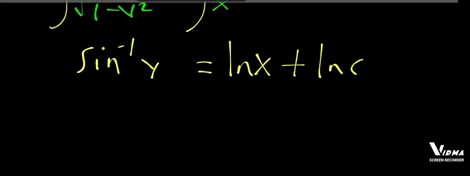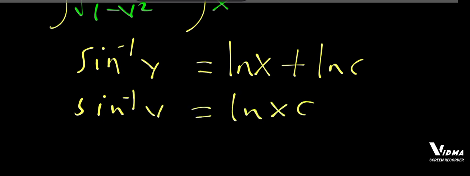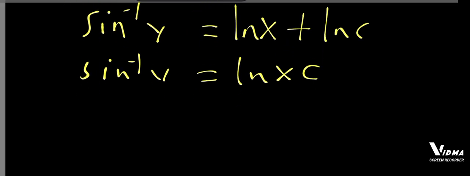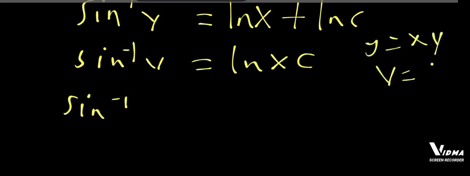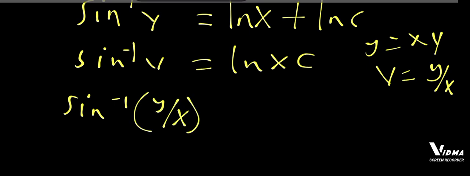And moving forward, we can see it now becomes sine inverse of v equal to ln xc from our laws of logarithm. And we know y to be xv, so v will be y on x. So substituting it here, we have sine inverse of y on x being equal to ln xc.